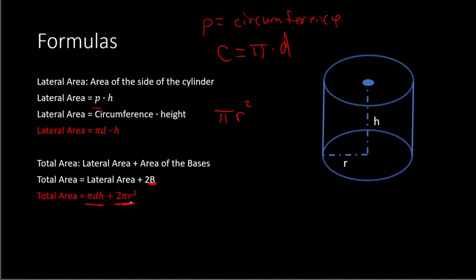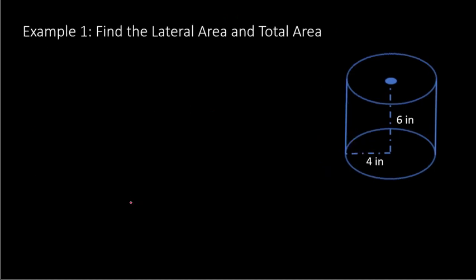So now let's use these formulas to find the lateral area and total area of two different cylinders. So example 1, we are given this picture, and to begin, we want to find the lateral area. So to find the lateral area, remember that is perimeter of the base times the height of the prism.